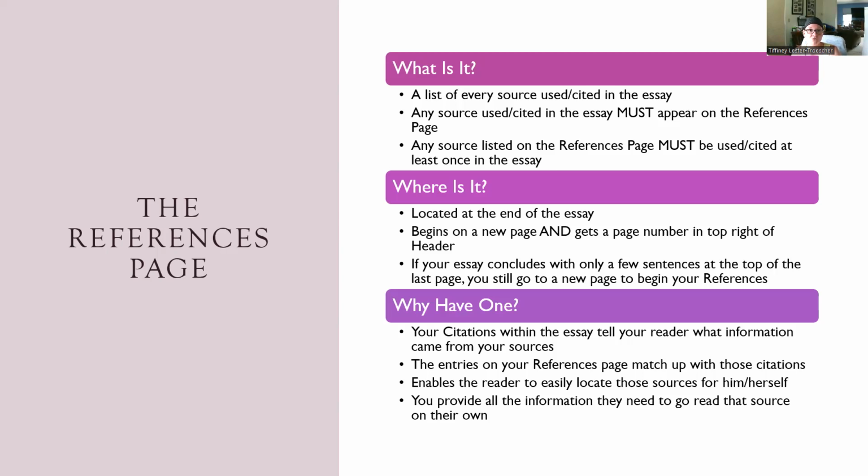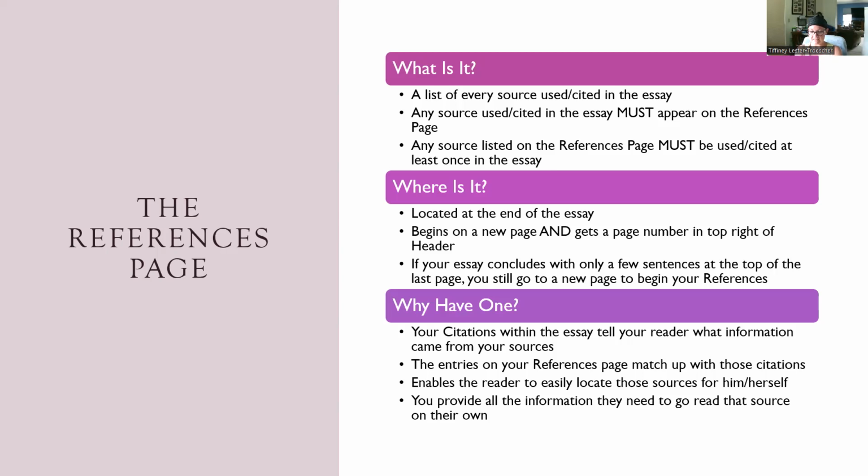So a reference entry is going to include what kind of information do we need to find a source? Because in the parentheses, you've only got very limited information, like a last name and a year of publication, right? That last name will correspond to an entry on the references page.